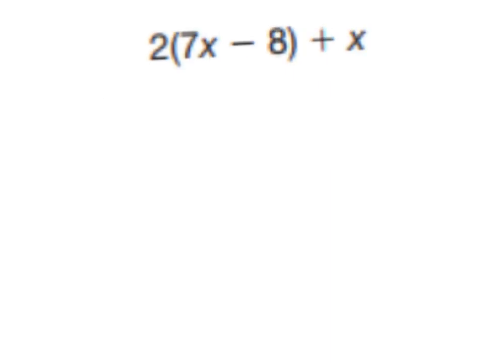Okay. Now we have another distributive property with a variable on the side. So first, you still have to distribute. Remember, you only distribute to the terms that are in the parentheses. So I would do 2 times 7x first, which gives me 14x, and then 2 times 8, which is 16. But see, there is a subtraction sign, so that's what we need to write down here as well.